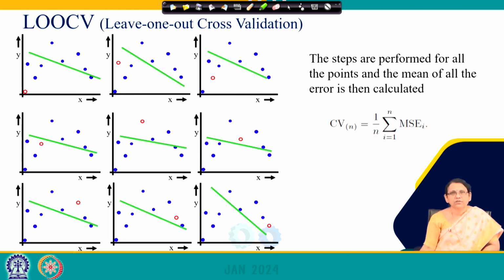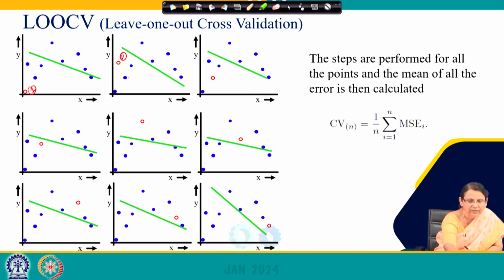So, this is an example where we again have a total of 9 data points. Here is the first data point; keep the first data point aside. Keeping this aside, now this is my regression line. With respect to this regression line, I find out the error for the left out point. Similarly, in the second iteration, this is the point.